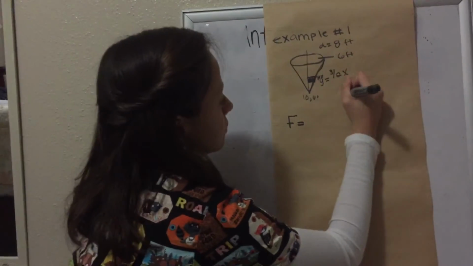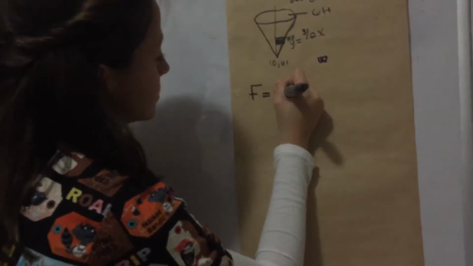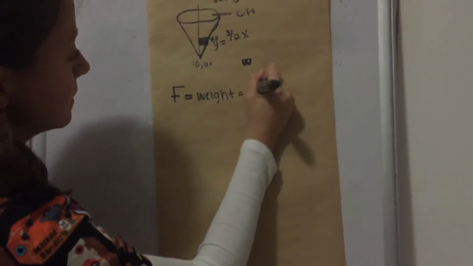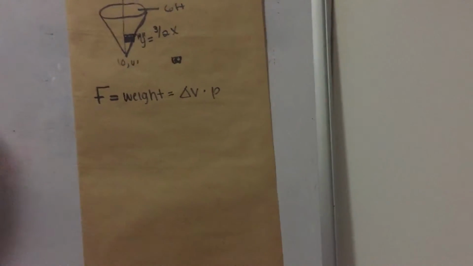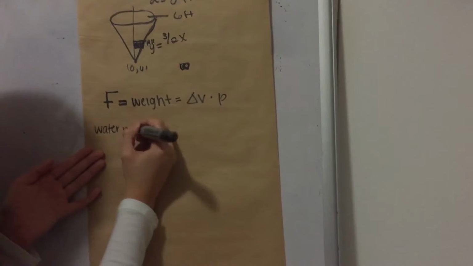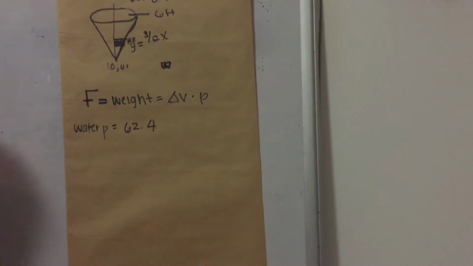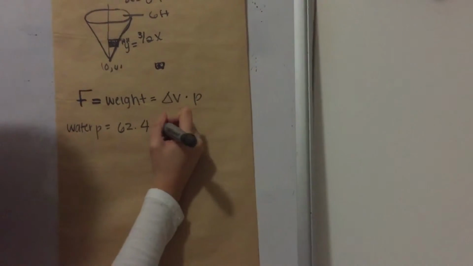Force is equal to the weight, which is equal to the total volume times the pressure. So for water, pressure is equal to 62.4. That's what you need to know. So that's the pressure, in pounds, by the way.